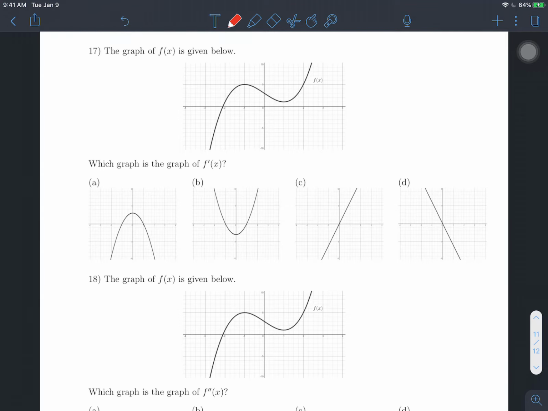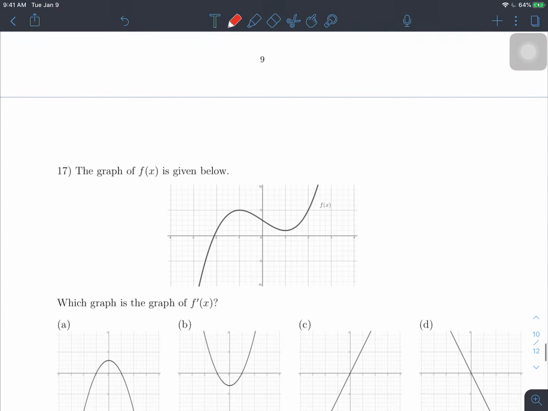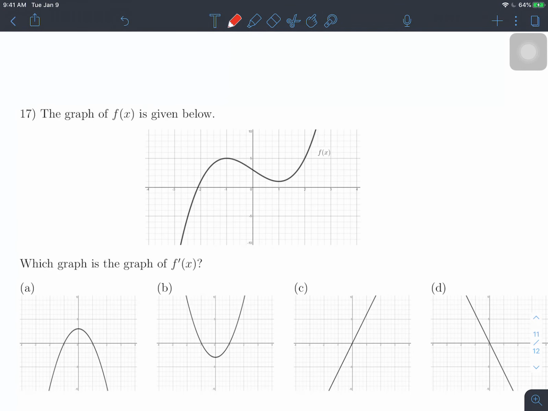So, okay, we have the graph of f of x given below. And we're supposed to pick out which one is the graph of f prime of x. Okay, so what do I see? I see a function which is increasing until we hit this point here.